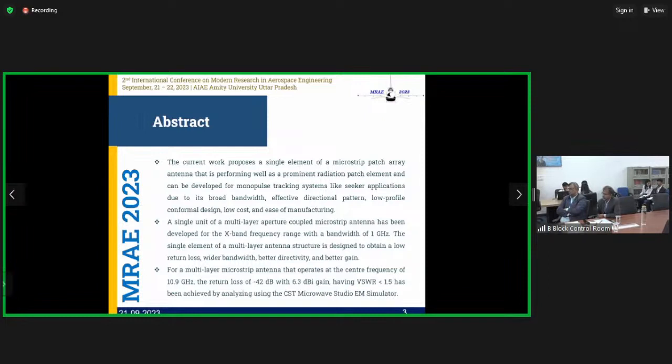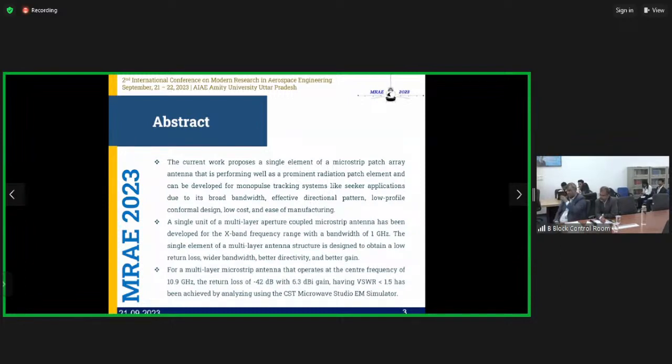A single unit of multi-layer aperture coupled microstrip antenna has been developed for the X-band frequency range with a bandwidth of 1 gigahertz. The single element of the multi-layer antenna structure is designed to obtain a low return loss, wider bandwidth, better directivity, and better gain.